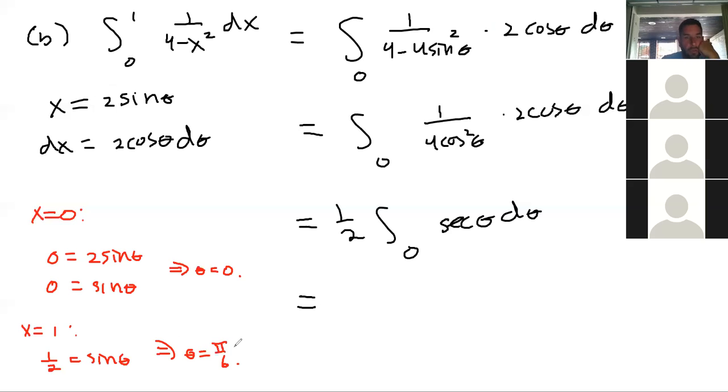Now, if you don't get that from your unit circle, another way of getting that number is to just go to a calculator. If you ask it for the inverse sine of 1/2 on your calculator, it will tell you exactly what it is.